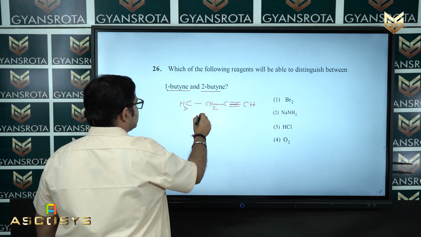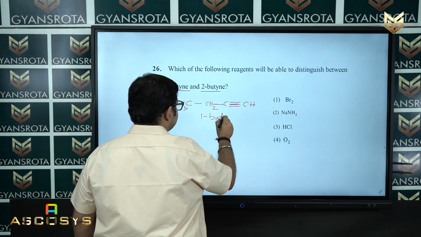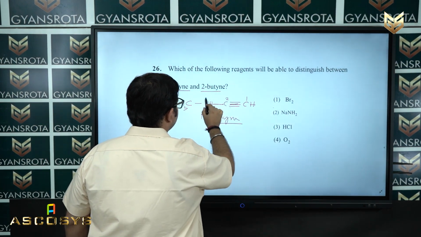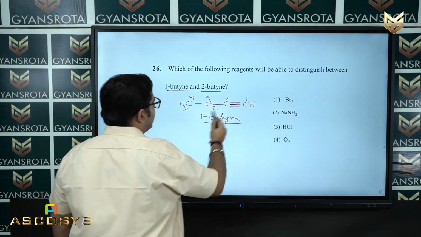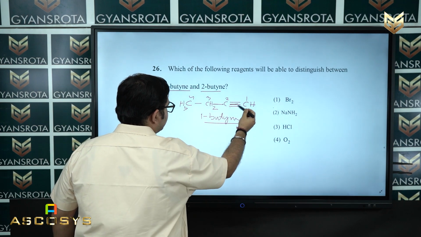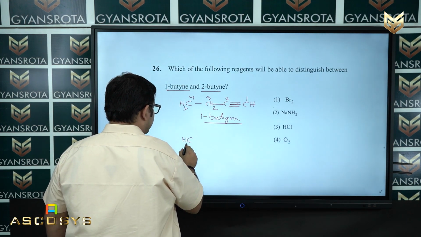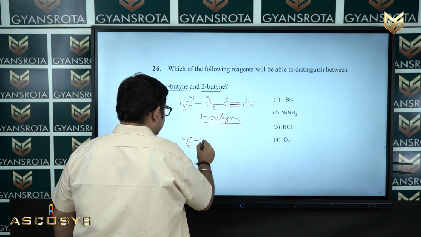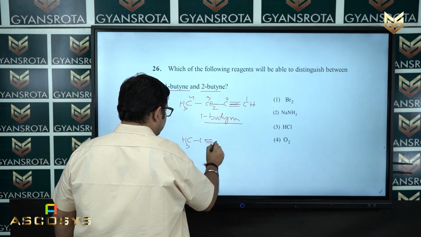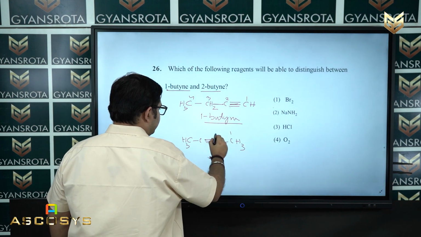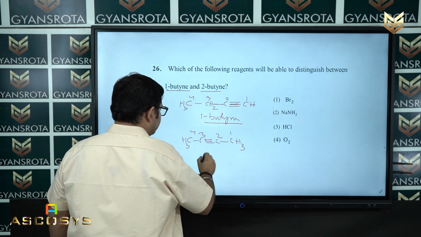So this is the structure of 1-butyne. See, 1, 2, 3, 4. Now for 2-butyne, CH3, C, C, CH3. So this is nothing but your 2-butyne.